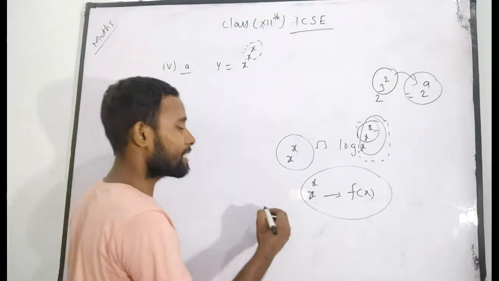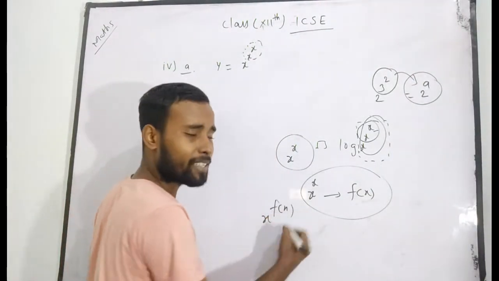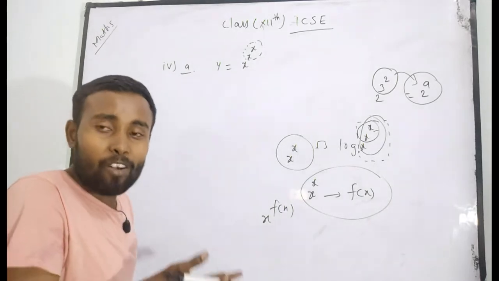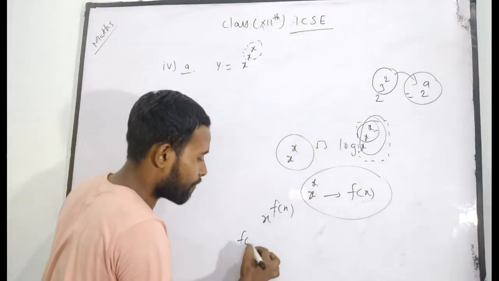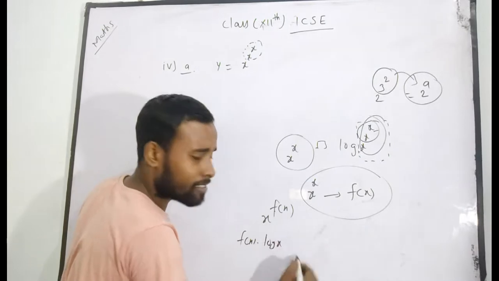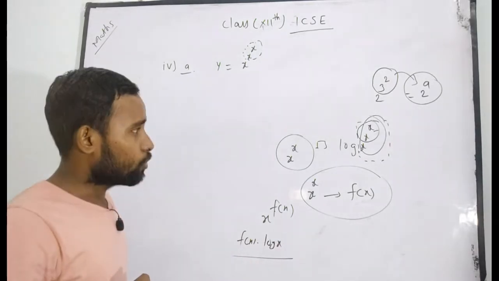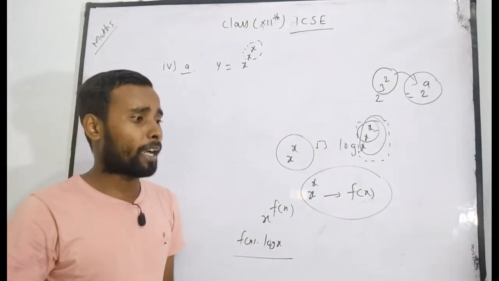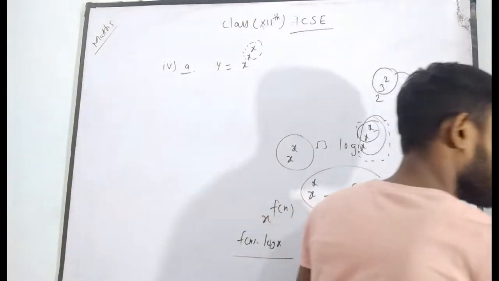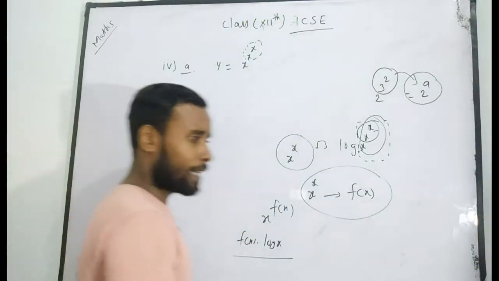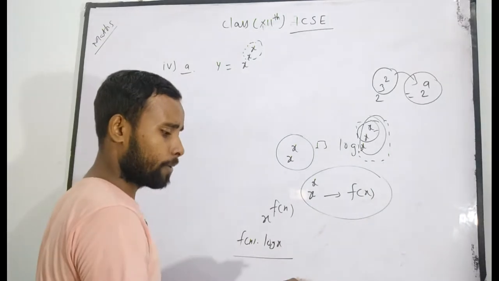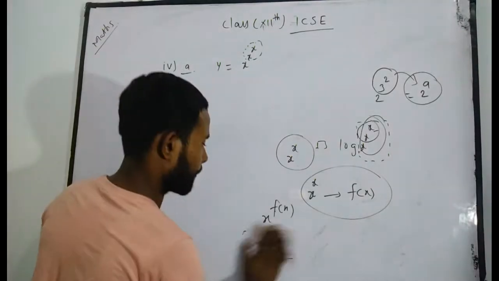In this case it looks like x to the power f(x), and when you take log, it comes as f(x) times log x. I think you understand what I want to tell you. First revise this part, and thereafter you will again understand its concept.